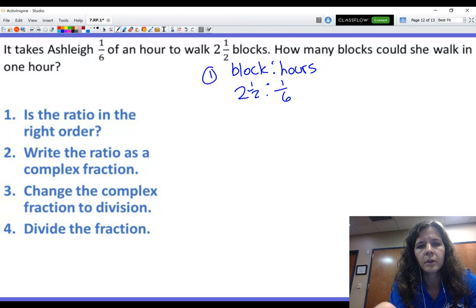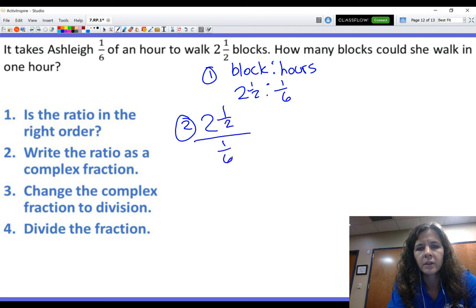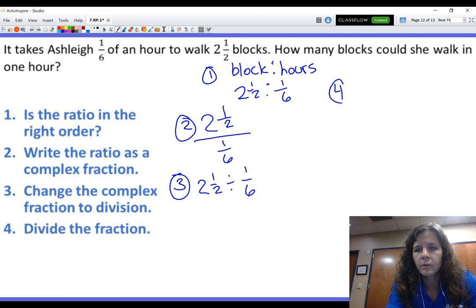That's step 1. Step 2, write the ratio as a complex fraction. So we have 2.5 over 1/6. Step 3, let's change that to division. 2.5 divided by 1/6. Move over here again, step 4. We're going to divide this.